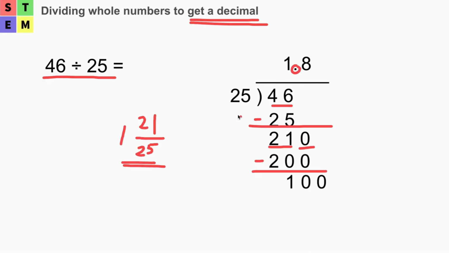The next step is how many 25s are there in 100? There are 4, which equals 100, and when we do the subtraction, we have 0 here. So now the end result is 1.84.